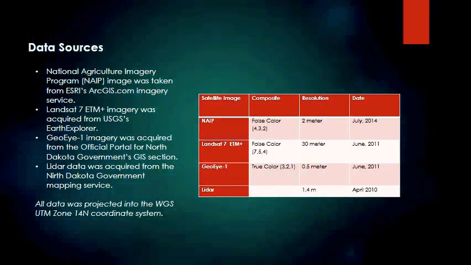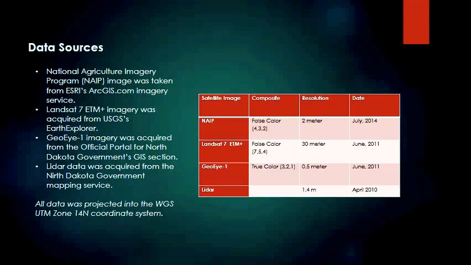I exported a false color image from the National Agriculture Imagery Program, and this provided an image of the river for the feature to be extracted. I downloaded Landsat 7 Enhanced Thematic Mapper imagery that showed inundation levels from the USGS's Earth Explorer website.